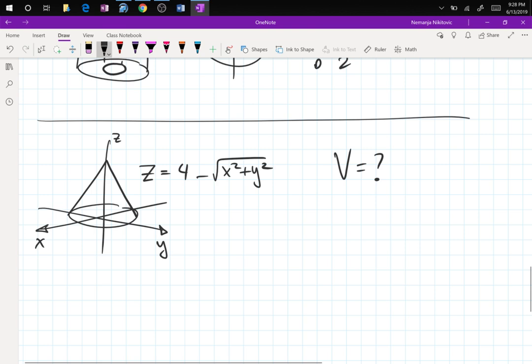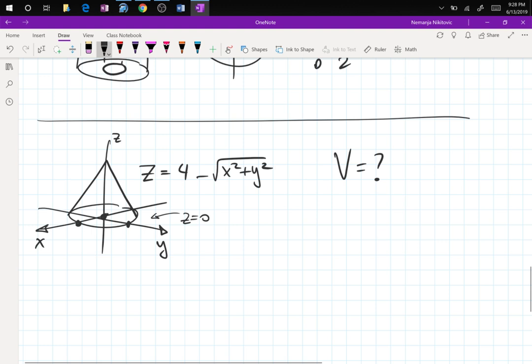So you can go and immediately, using the level curves, you will figure out what these values are, because you need to know the radius for this circle. Now that happens on the floor, and the floor over here is z equals 0.